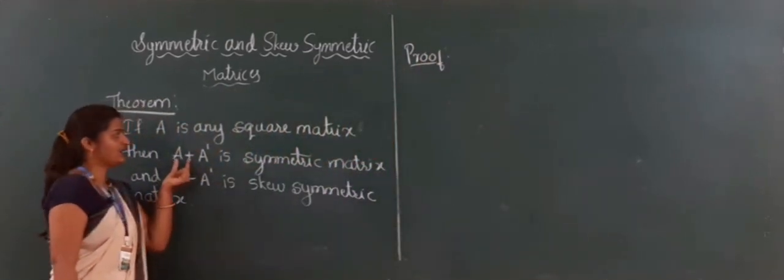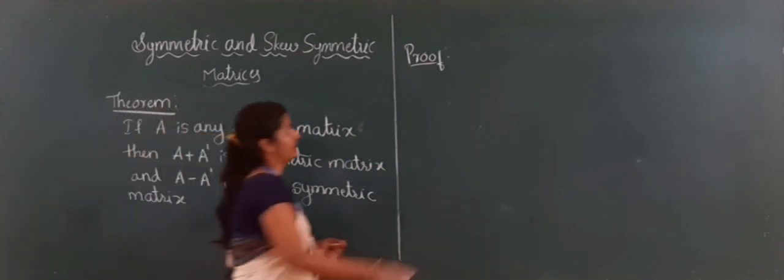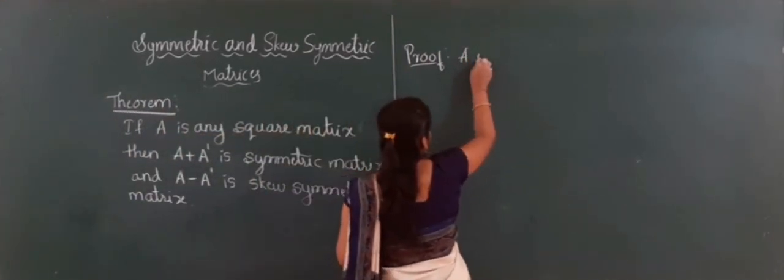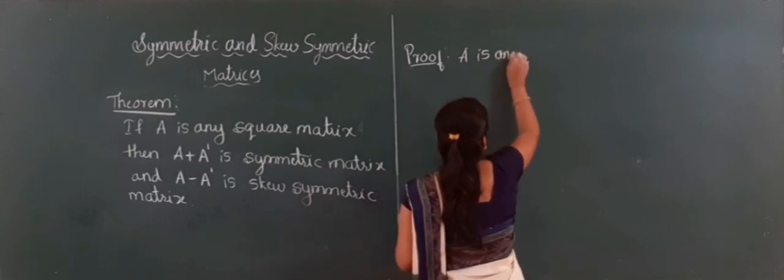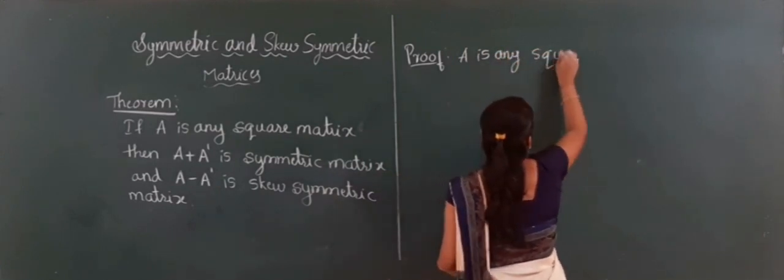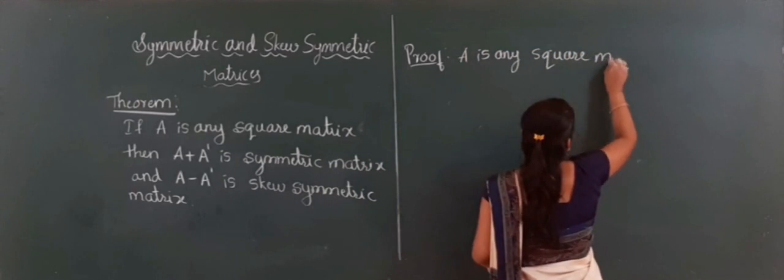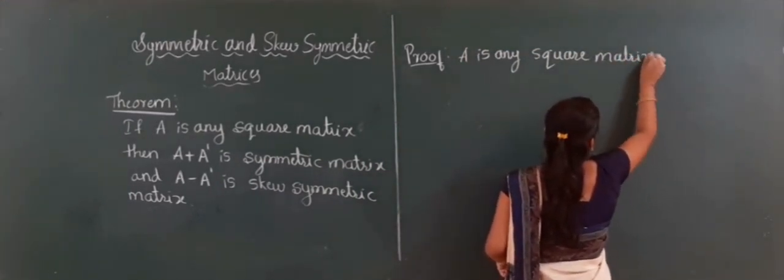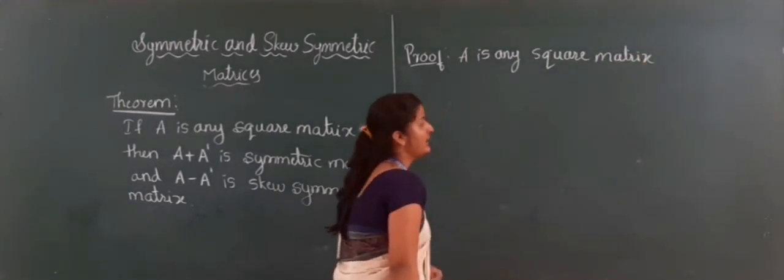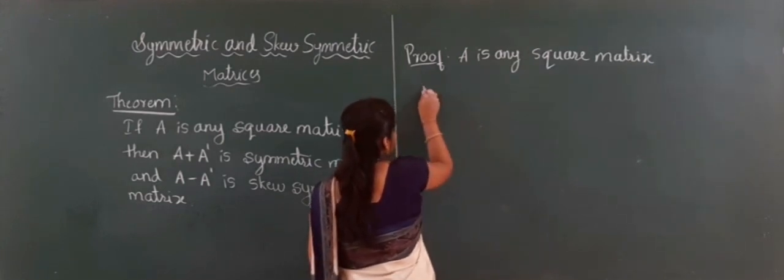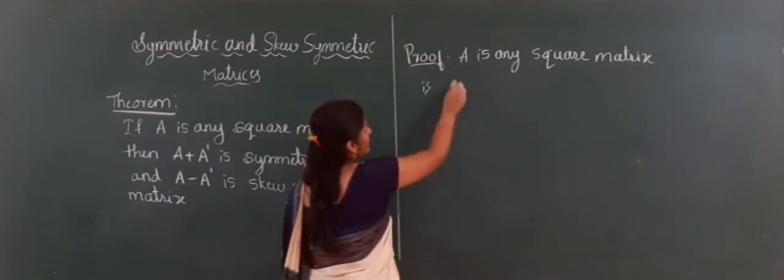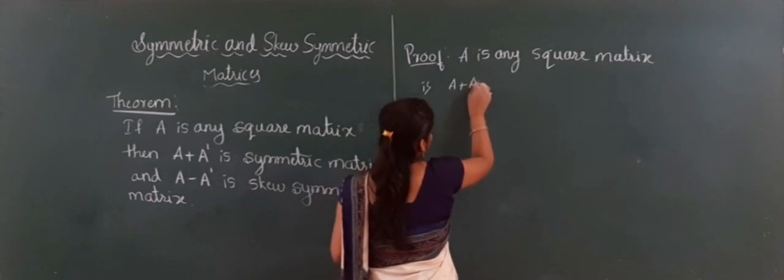First I will prove that A plus A dash is a symmetric matrix. They have given that A is any square matrix. Now, I have to prove that A plus A dash is symmetric.